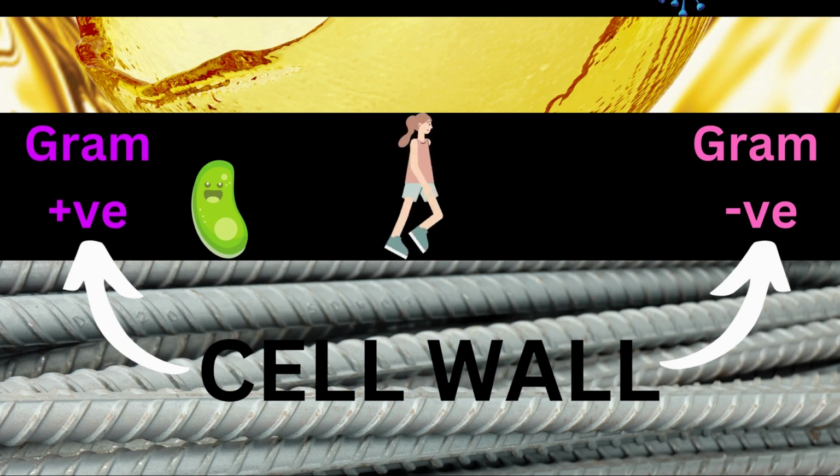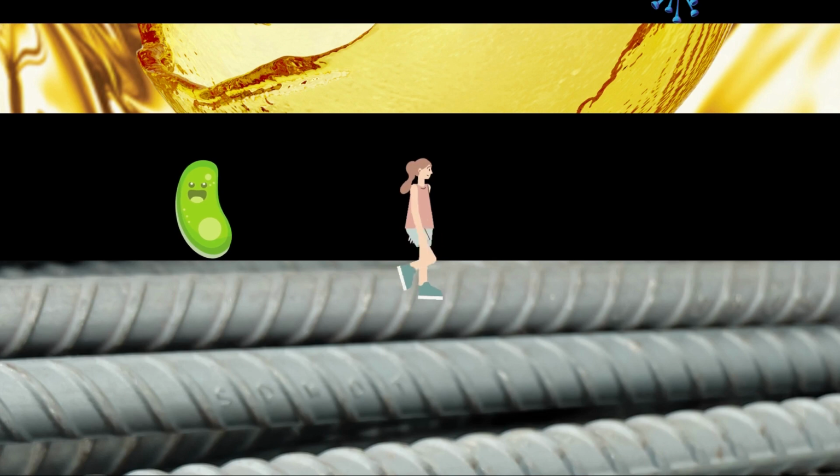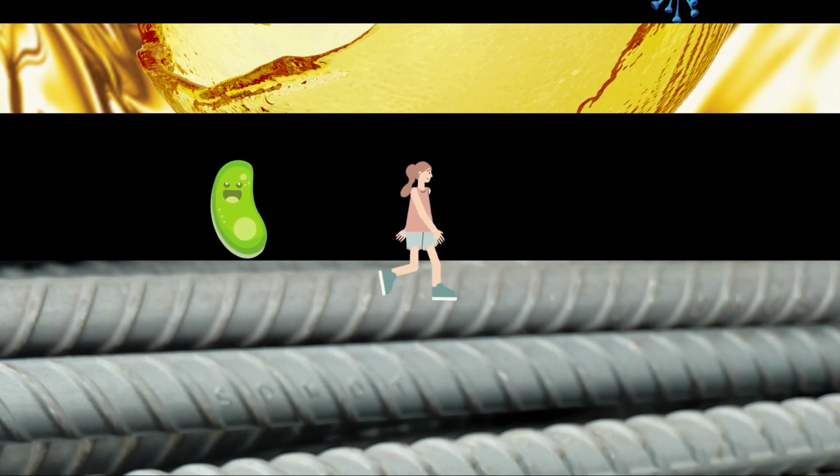A gram-positive bacteria will have a thick peptidoglycan layer, while a gram-negative bacteria has a thin peptidoglycan layer. The green microbe could not cross the cell wall, but luckily we have crossed the cell wall.